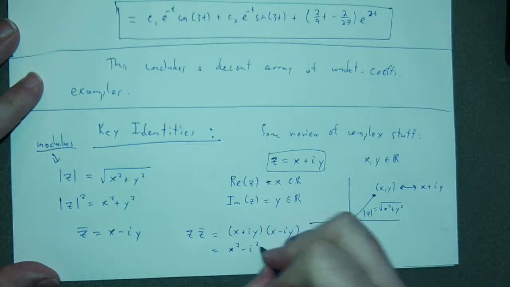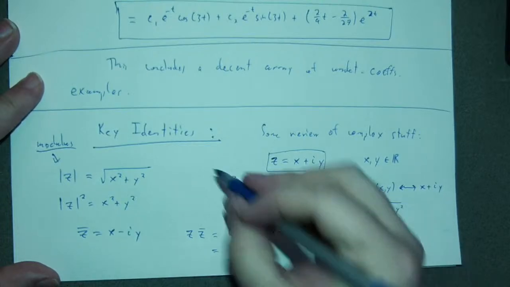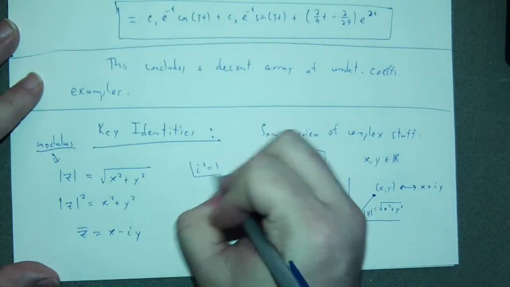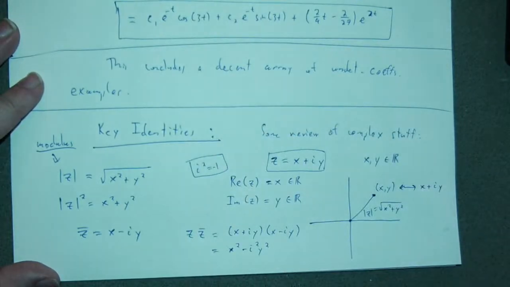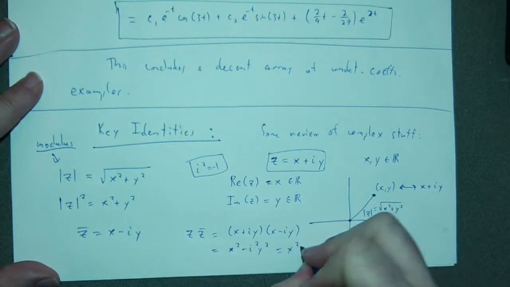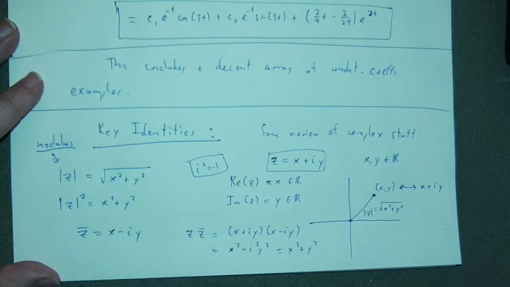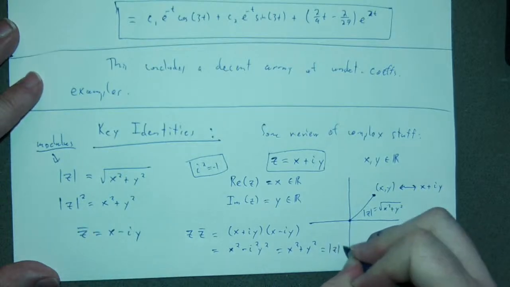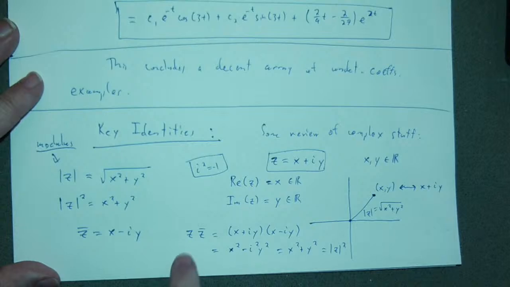But i squared is minus 1, so this is minus minus 1, y squared. So this is actually x squared plus y squared. But x squared plus y squared is the modulus squared. So if you take a complex number and multiply it by its conjugate, you get the modulus squared. Let's write that again: z times z bar is equal to the modulus of z squared.